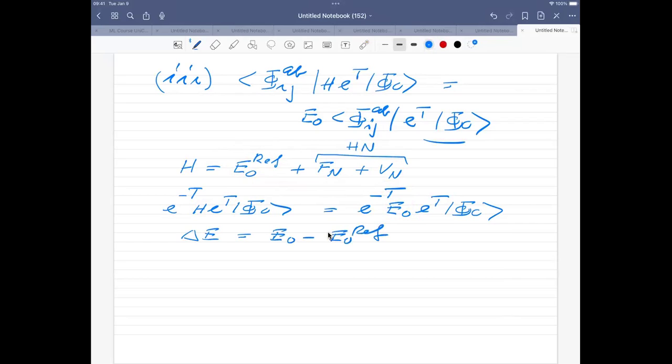Now this, if I now subtract E0 ref, what I get then is a similarity transformation of H_N, e^(-T) H_N e^T phi 0. So we call this a similarity transformed Hamiltonian. Now, in order for this transformation to be unitary, I have to require that T is anti-Hermitian.